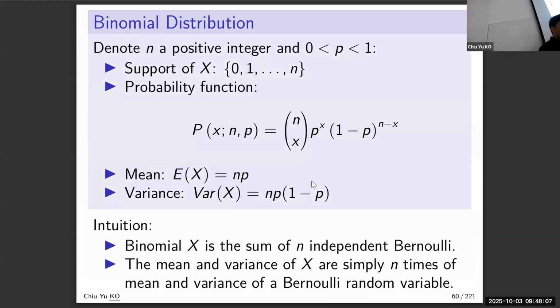Okay. And since the P is complicated, right? That's why usually we care about the mean and the variance, right? But we still need the P to do all the calculation. But if you really just care about the mean and variance, which usually we do, we just have Np and Np times 1 minus P. Do note that it is Np times 1 minus P for variance. But for mean, it's very simple, right? Because you have N binomial trials.